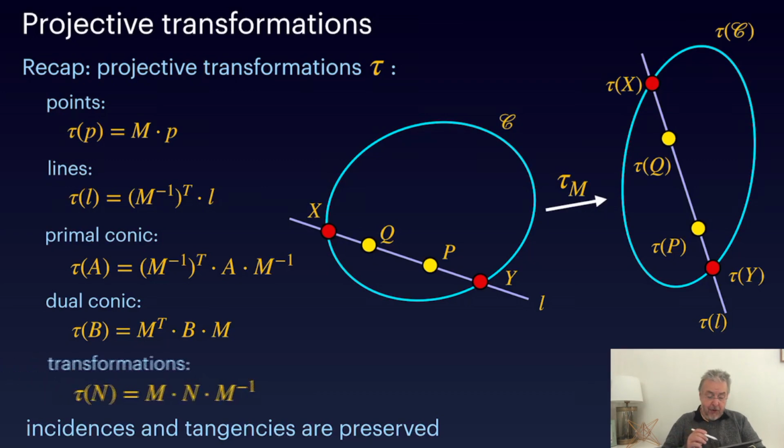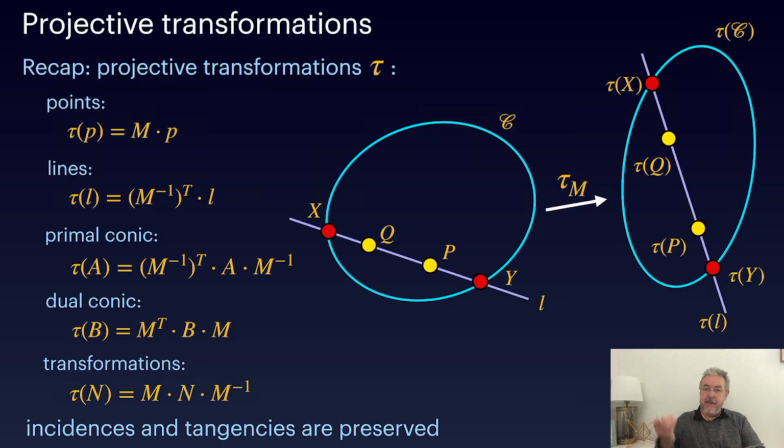Another important point, also transformations are transformed. So if you have a transformation that acts on some points and lines in the world before you did the transformation M, let's call this transformation N, then after you applied M, this transformation becomes a different transformation matrix.